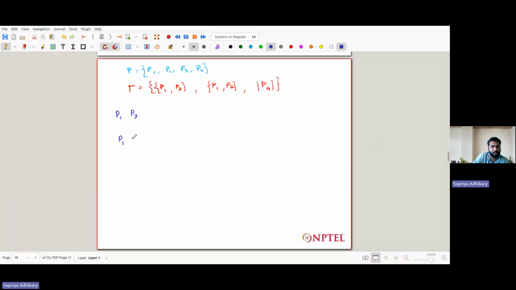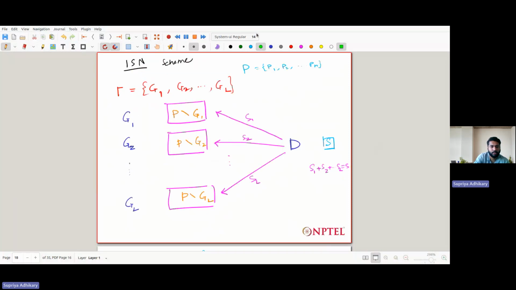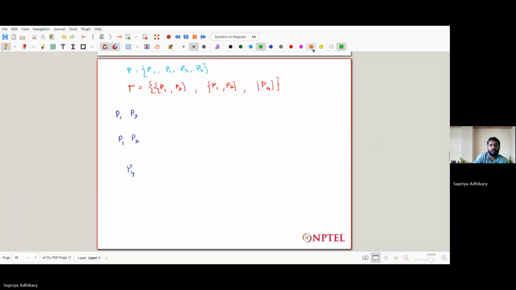First we write down all these sets in gamma. Then we find the complement of the sets. So the complements over here are {P2, P4}, {P2, P3, P4}, and {P1, P2, P3}.